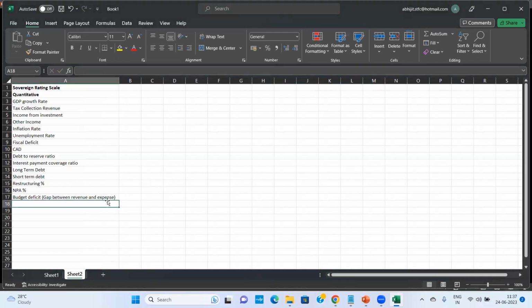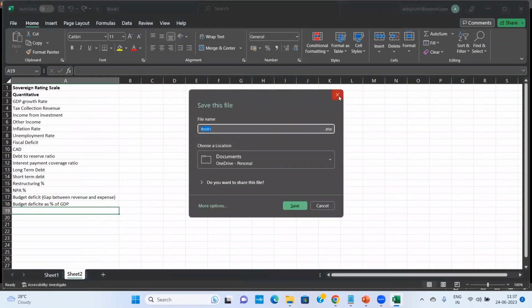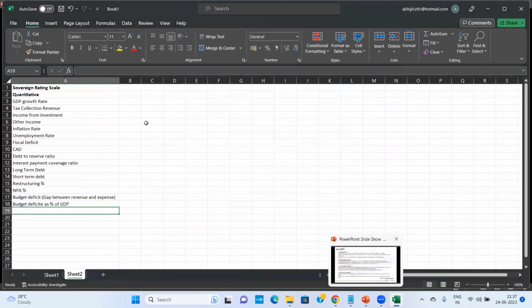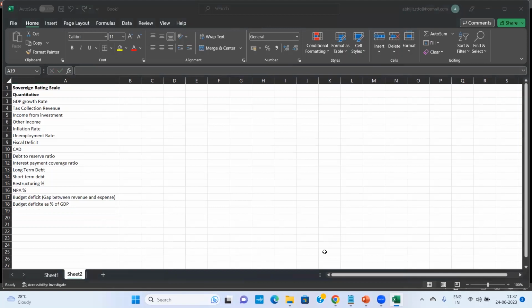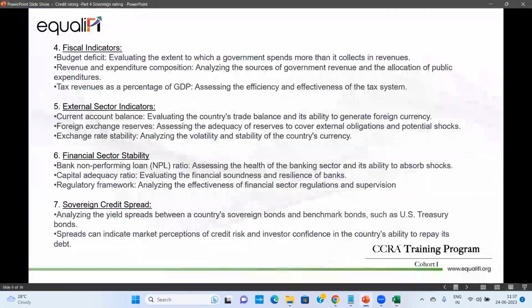One is budget deficit, another is budget deficit as a percentage of GDP, right? India targets 4.1. Okay, thanks for the info.